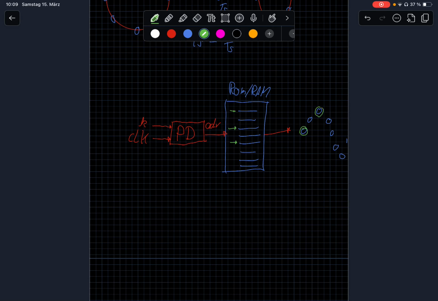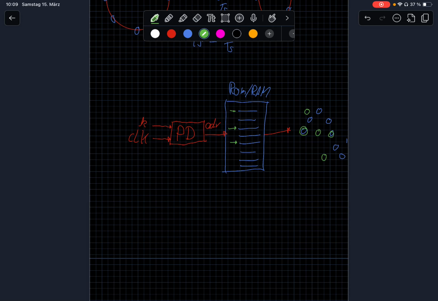Then we also get this sample, but a sample earlier, which means here. And then the next sample would be this, which is here. And so we doubled the frequency in this case.